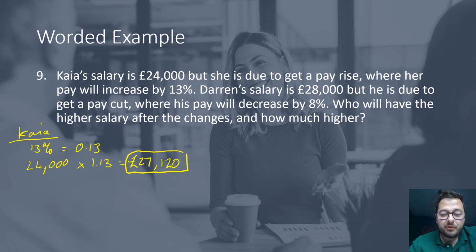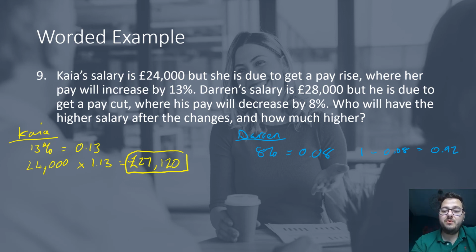Now let's do Darren, the poor sausage. So Darren was on 28,000, but it's decreasing by 8%. So 8% is 0.08. We want to do a decrease, so 1 minus 0.08 is 0.92.